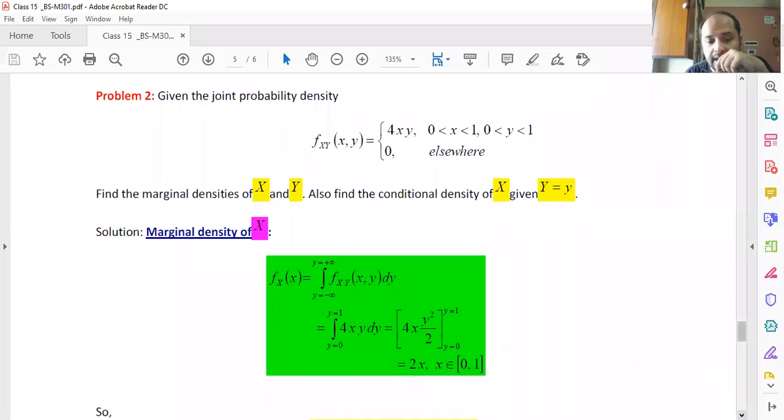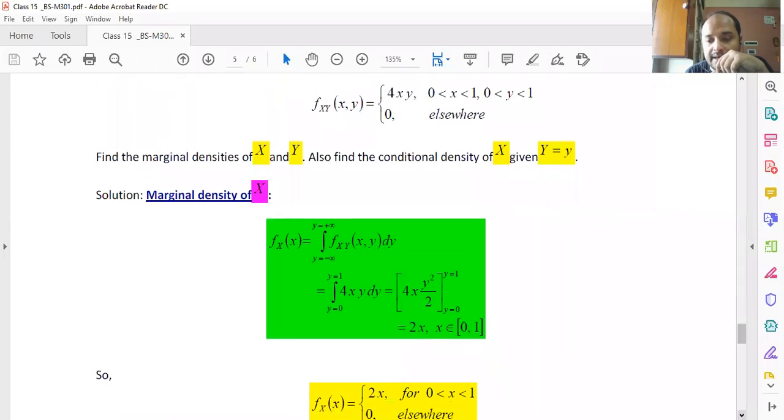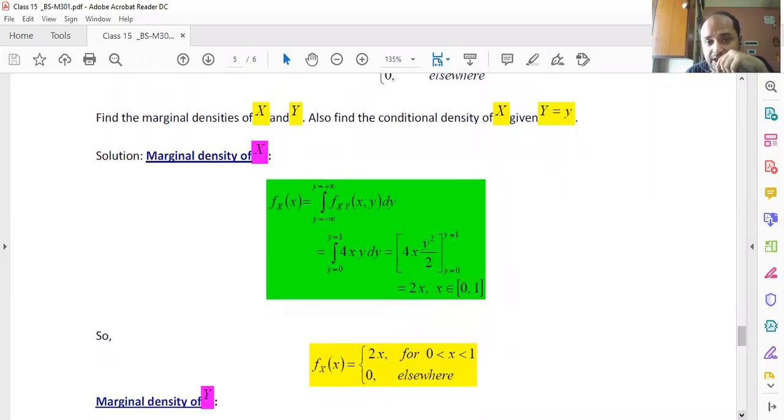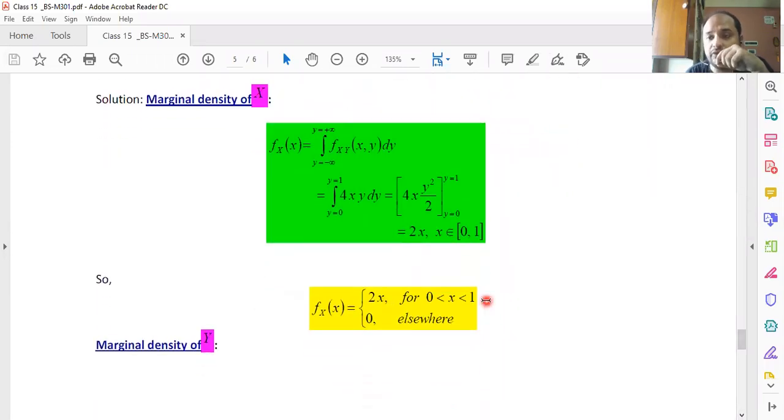Now we write this marginal probability of x in function form. f_X(x) is the function which takes the value 2x when x is lying between 0 and 1, and it's 0 when x is outside this defined range.